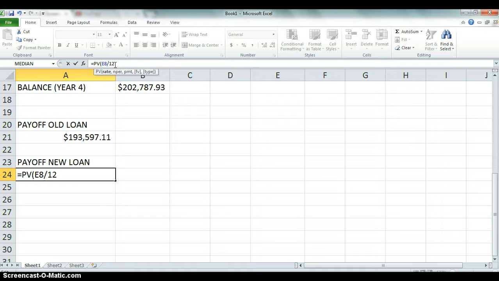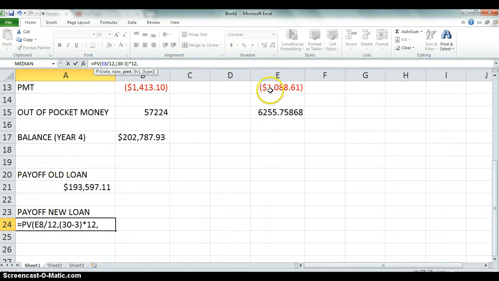The number of periods will be 30 minus 3, because it's only 3 years into the new loan, times 12. And finally, the payment that we have calculated for loan number 2.